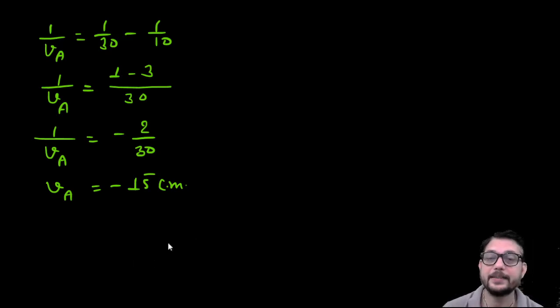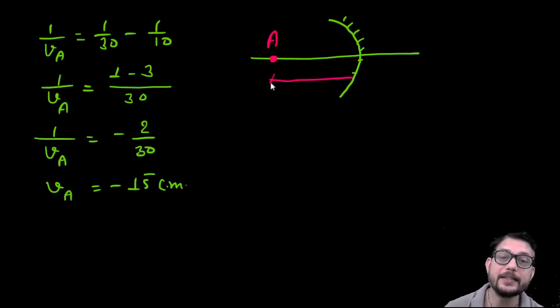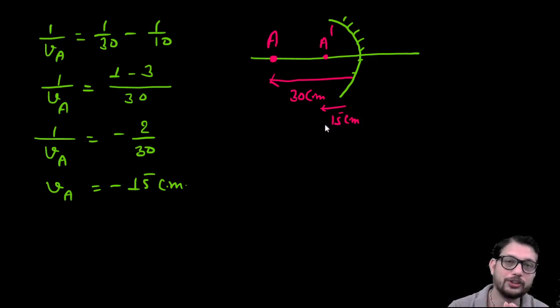It means if this is your mirror and this is your point A, which is 30 centimeter away from the mirror, then we have the image point A dash, which is 15 centimeter from the mirror. So this is the position of the image of point A.